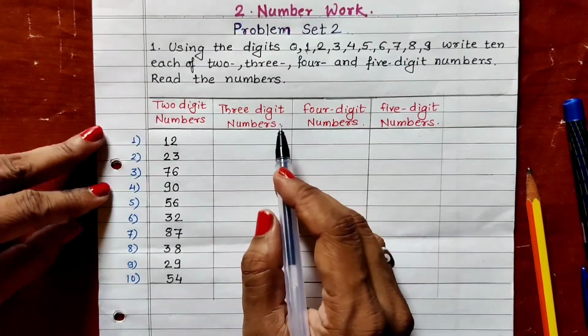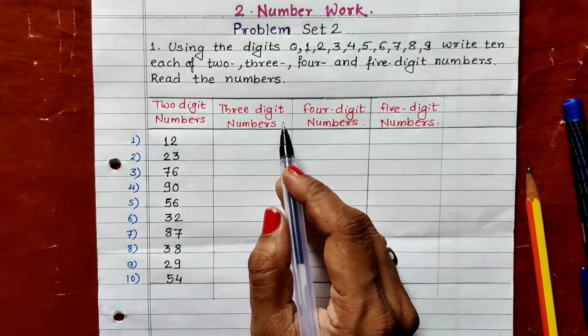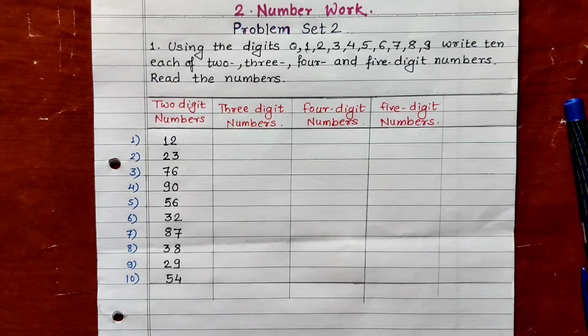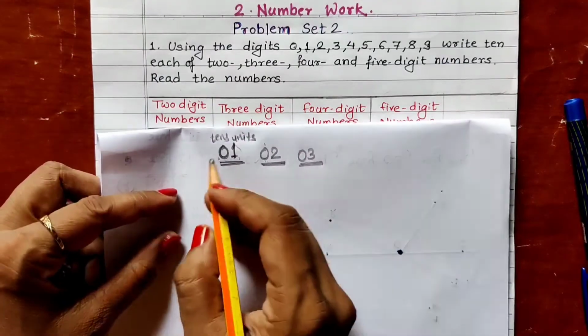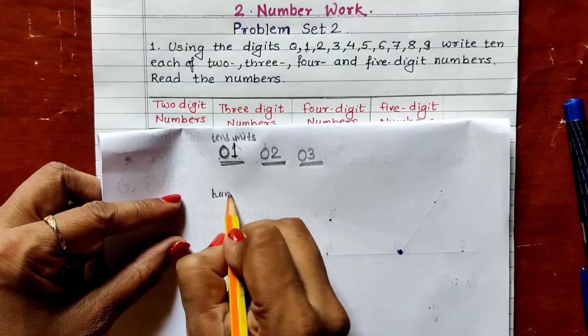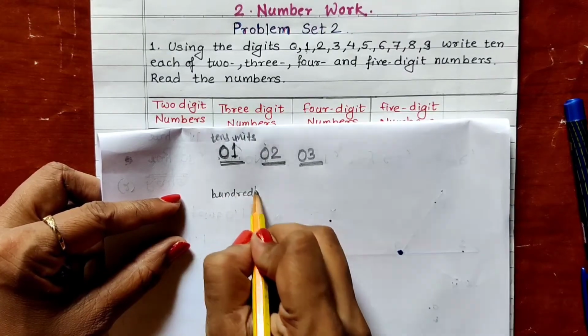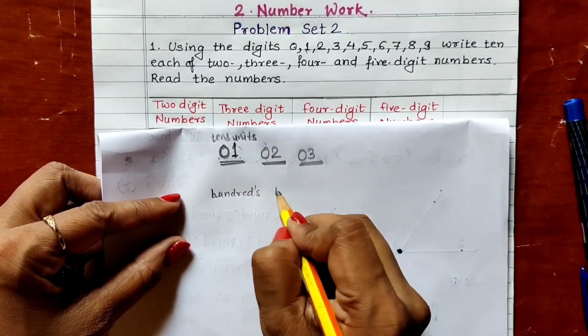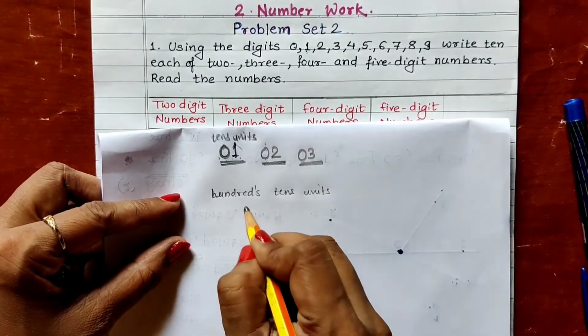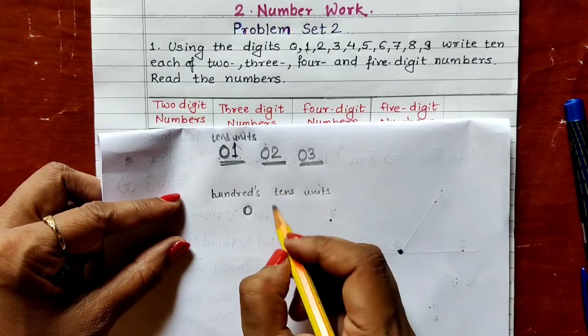So any 3 digits I will be taking. While writing a 3 digit number, 0 should not be placed in the hundreds place. We all know there are 3 places: hundreds place, then tens place and then units place. So 0 should not be put in the hundreds place.